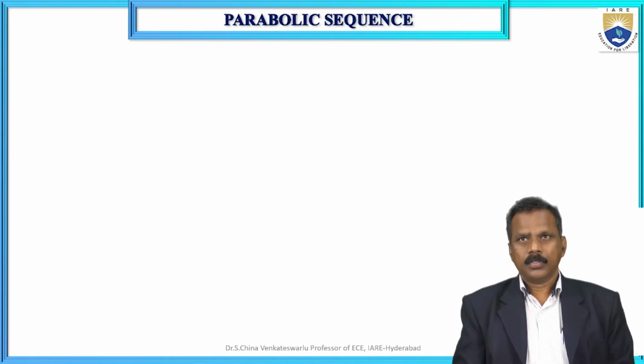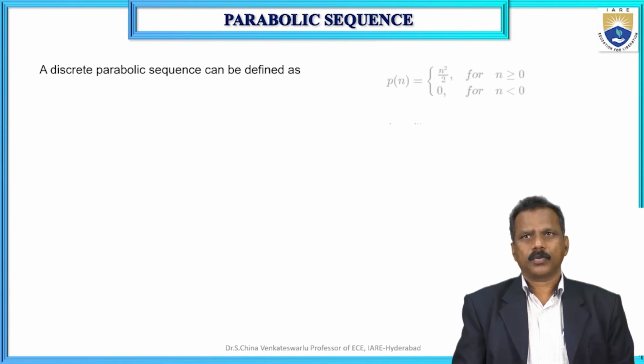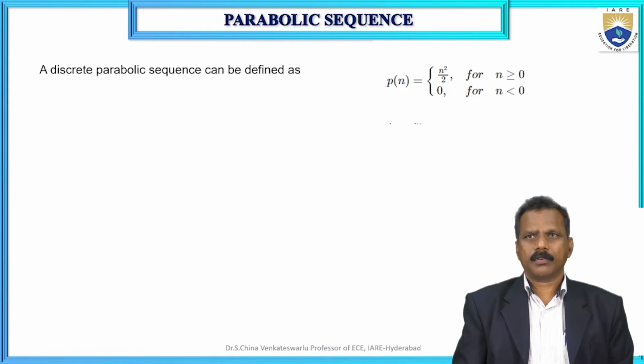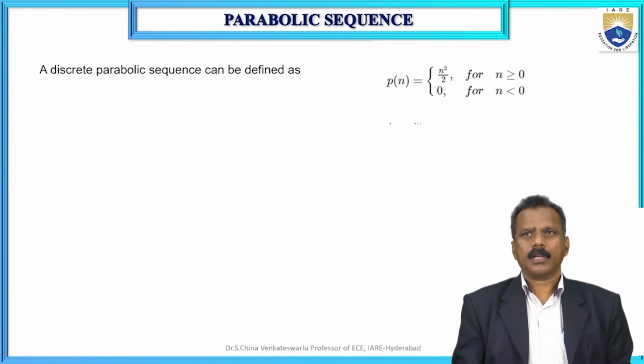Next, the parabolic sequence. A discrete parabolic sequence can be defined as p of n is equal to n square by 2 for n greater than or equal to 0, and 0 for n less than 0, and so on.